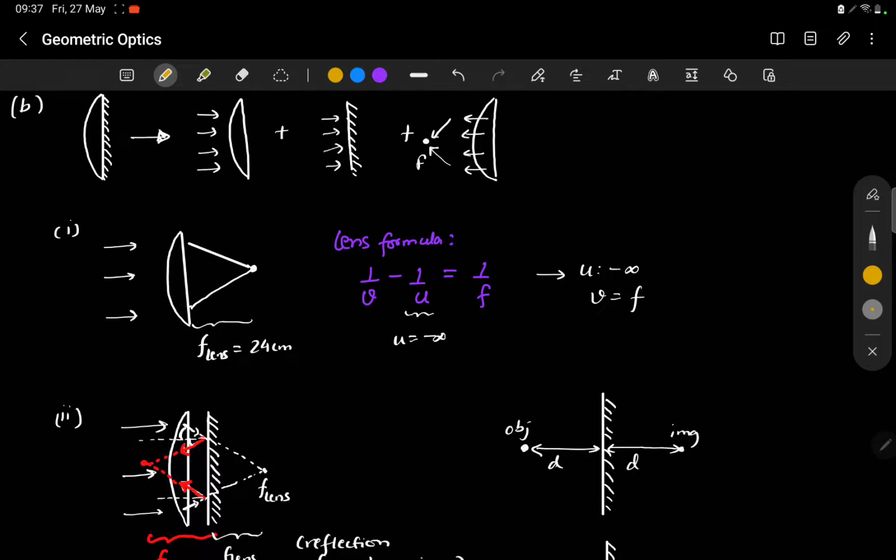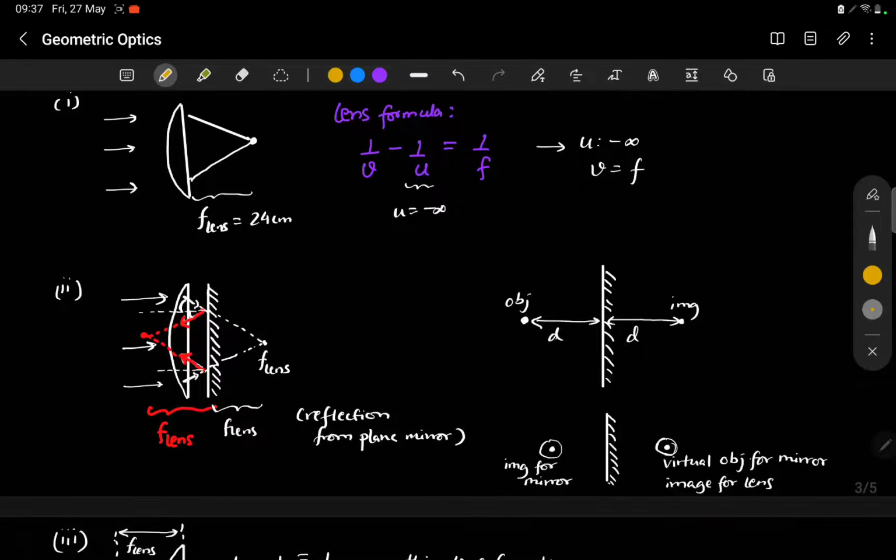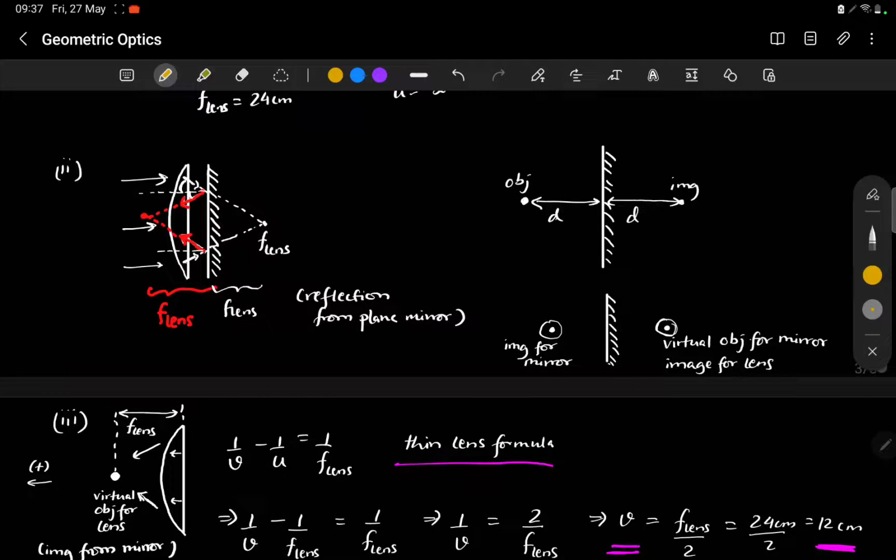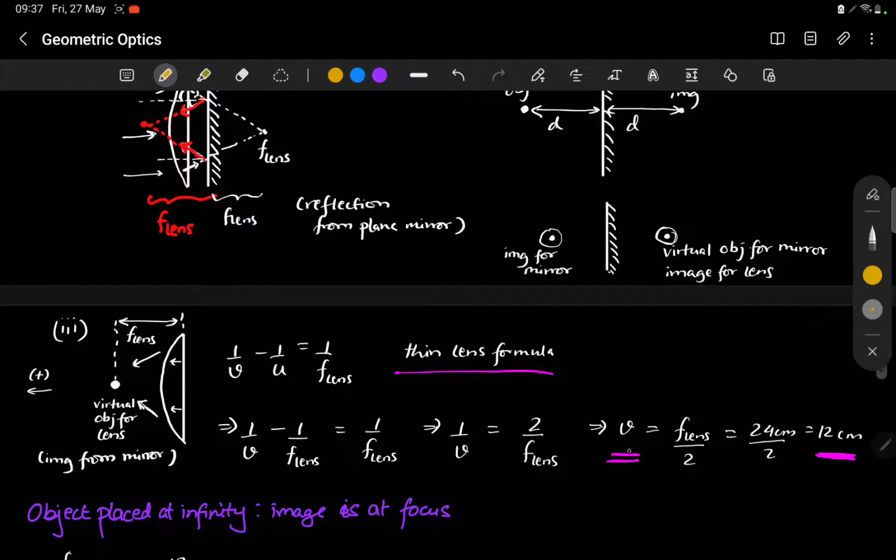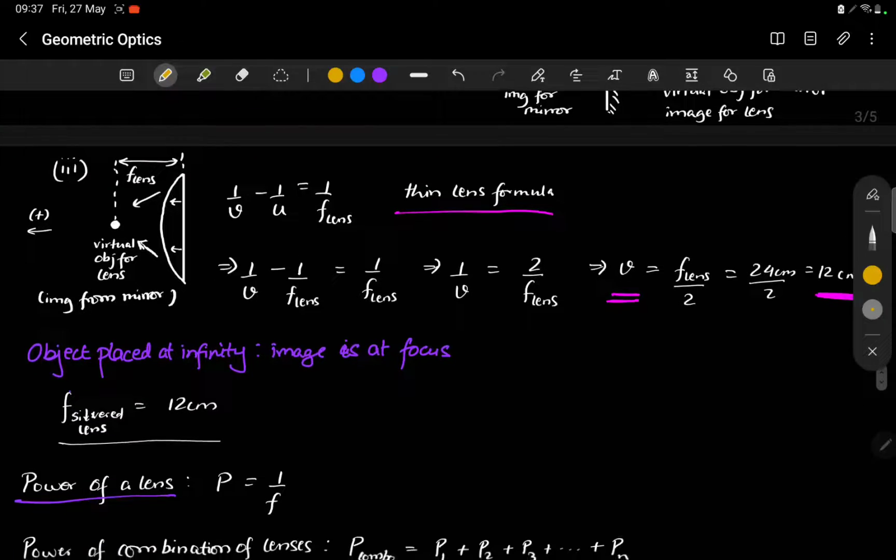So we subsequently use the lens formula, then reflection from the mirror, and then again the lens formula to find out the final image location.